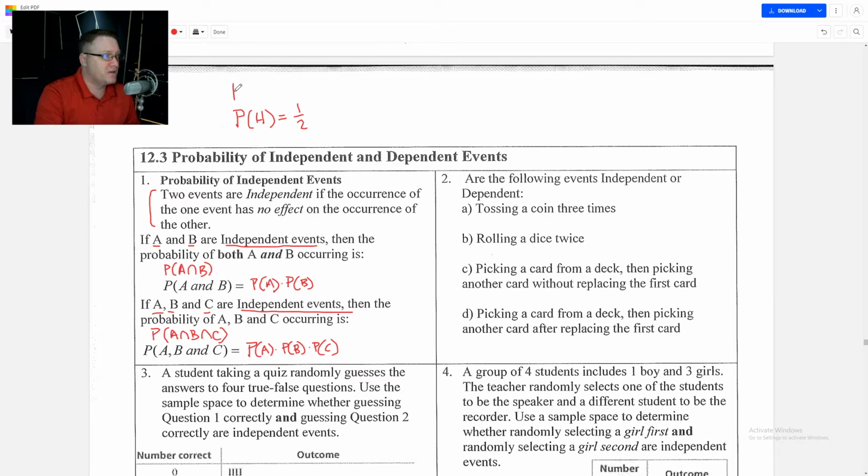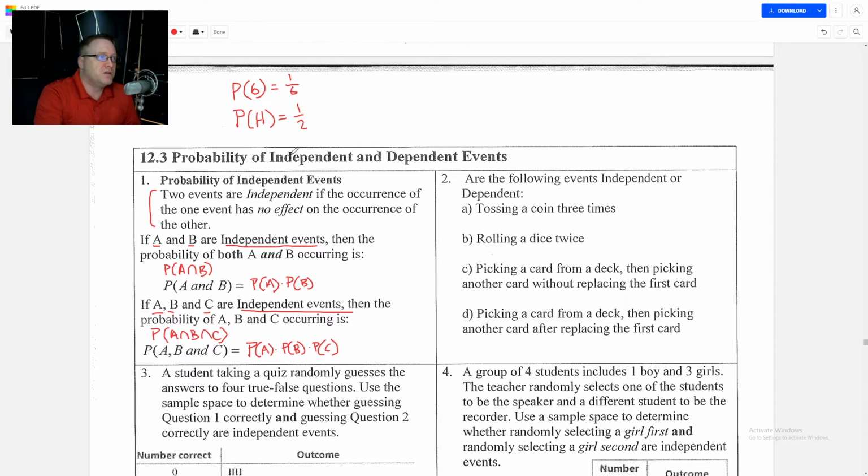Let's say that he wants to roll a 6 on his die. Well, what is the probability of a 6? How many different things can he get? He could get 1, 2, 3, 4, 5, or 6. That's 6 different things, and there's only one 6 on the die. So the probability of him getting a 6 is 1/6.